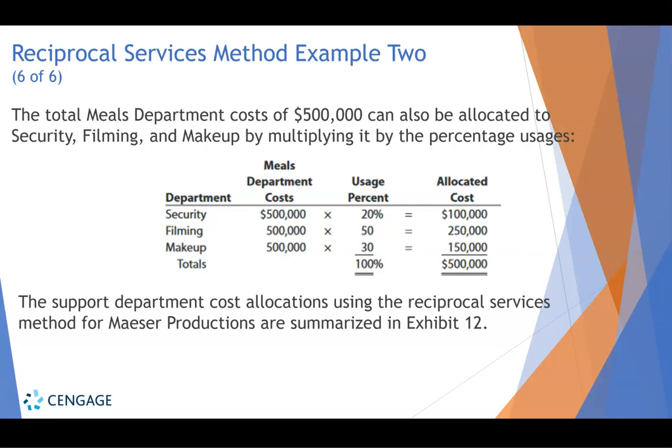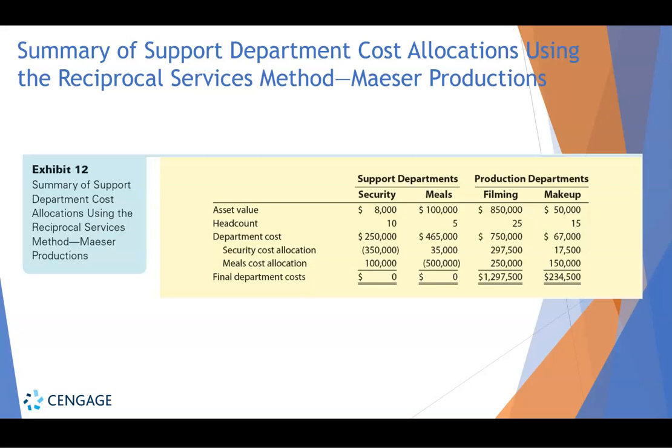So the support department cost allocations using the reciprocal service method is going to be shown right here. After support department costs have been allocated, the support departments have no costs remaining. Since all costs have been allocated to the production departments, management now can apply the production department costs straight to the products.